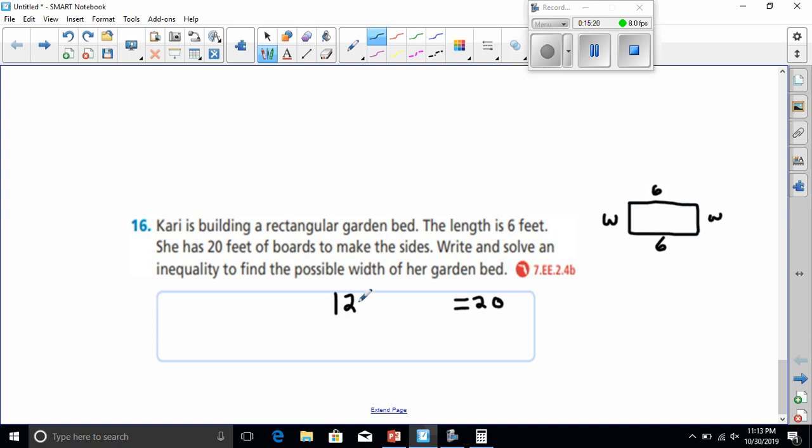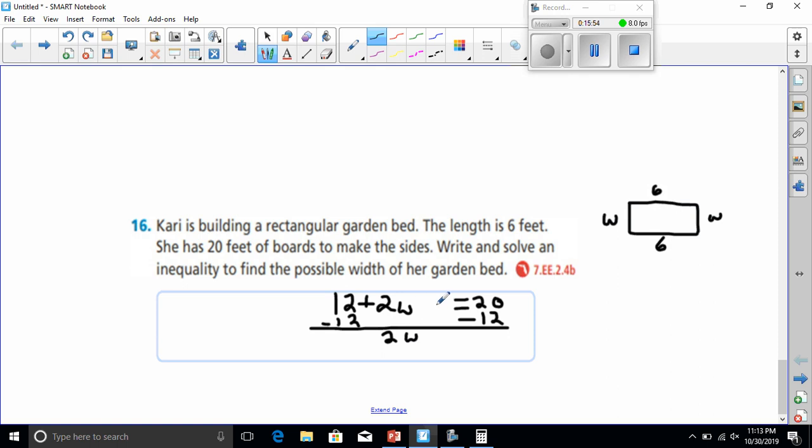12 plus 2W equals 20. We're going to subtract 12. And whatever I subtract from one side, I subtract from the other. And now we've got 2W is going to be equal. No, remember this says the length is 6 feet. She has 20 feet of boards to make a side.